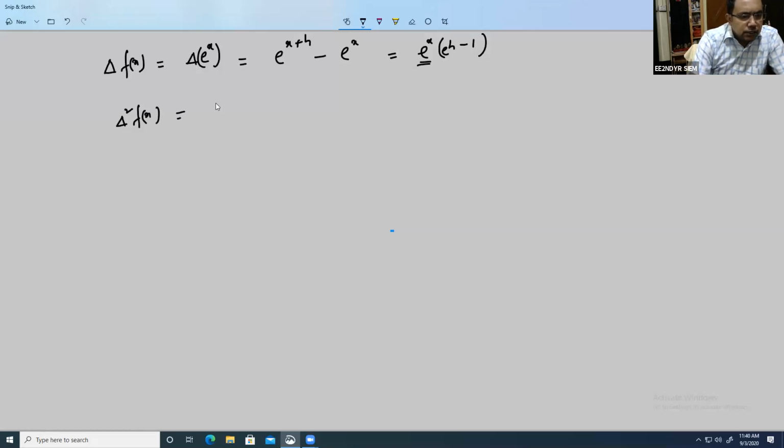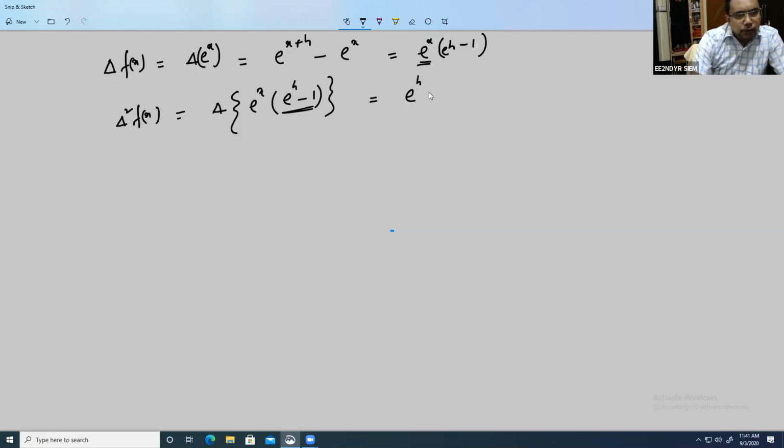So this is del of e to the power x into e to the power h minus 1. So again, e to the power h minus 1 is a constant term.